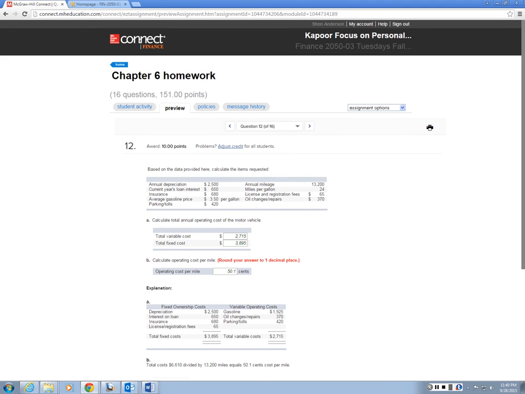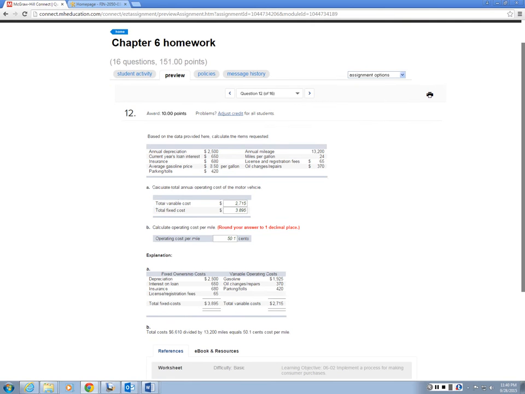12, we've got operating costs of a motor vehicle, which are the variable costs we have to get from using our gasoline. So we have to take our miles per gallon into our annual mileage, and then our average price of gas of $3.50 per gallon, oil changes, and then parking tolls.